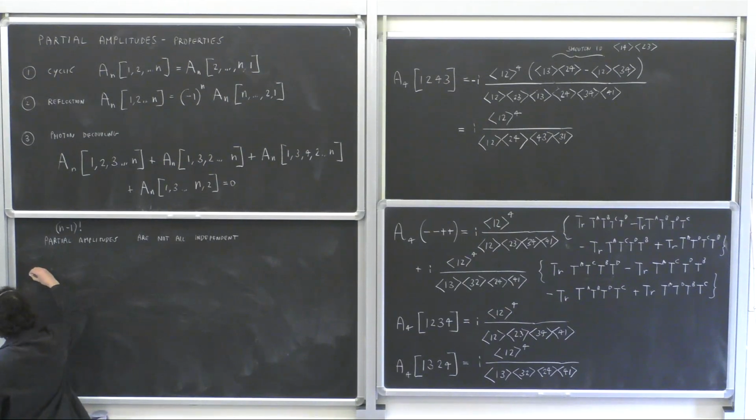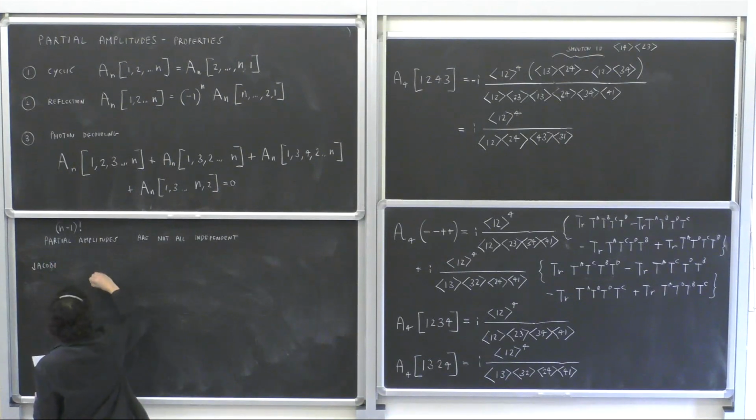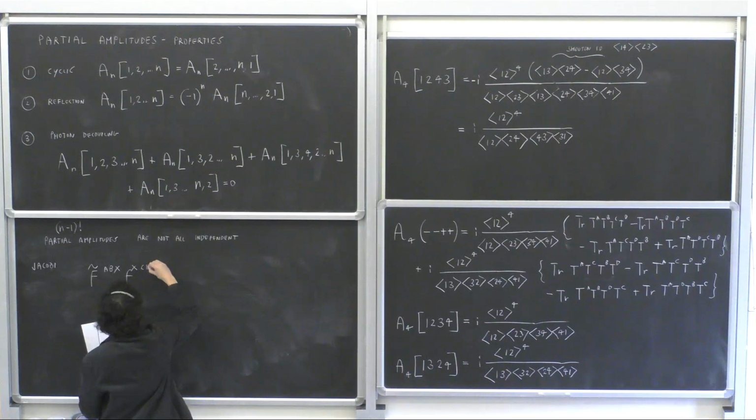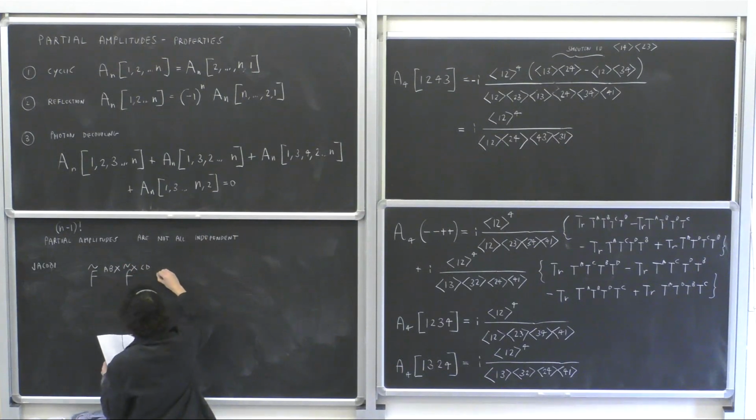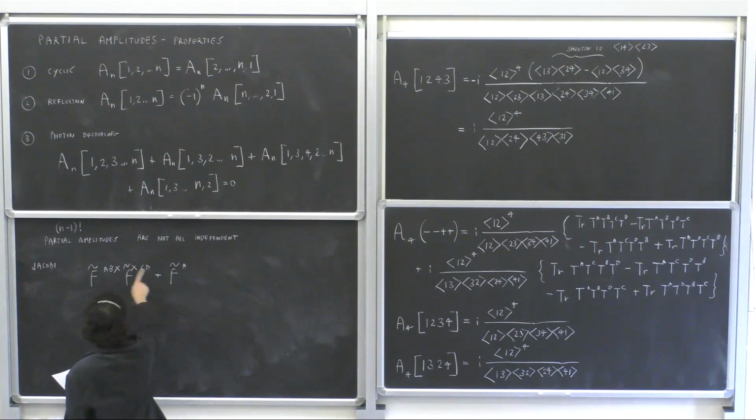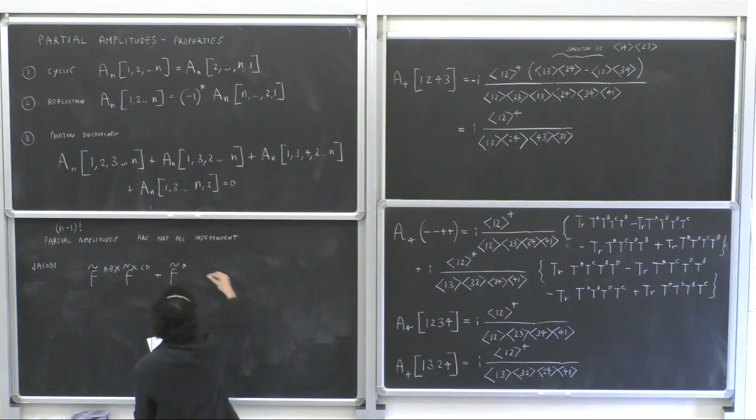So let me just say that the Jacobi relation in this particular case with the F tildes is something of this form. As usual, I am keeping A fixed, and then considering cyclic permutations of the other three, and the result is equal to 0.